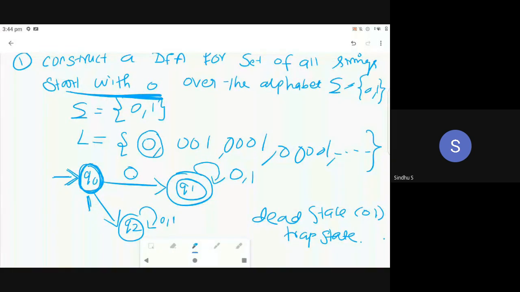Once I encounter any symbol diverted to q2, the input will circulate in the same place, and only the input which reaches the final state will be accepted by the machine. Do you understand why I am diverting this to q2, a dead state, with no connection to the final state? It means I don't want my input to start with 1. I always want my input to start with 0. Fine. Is that clear? Yes, ma'am.